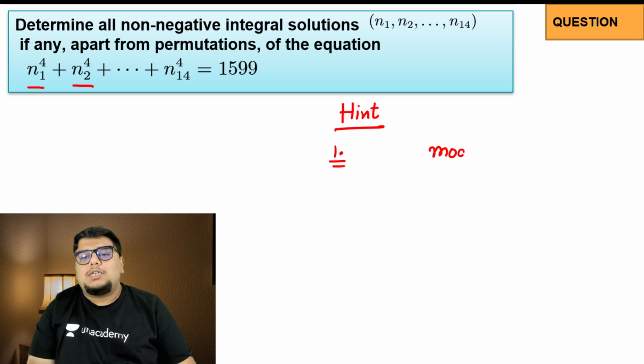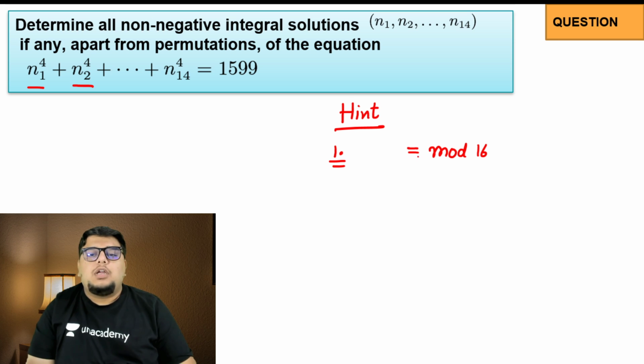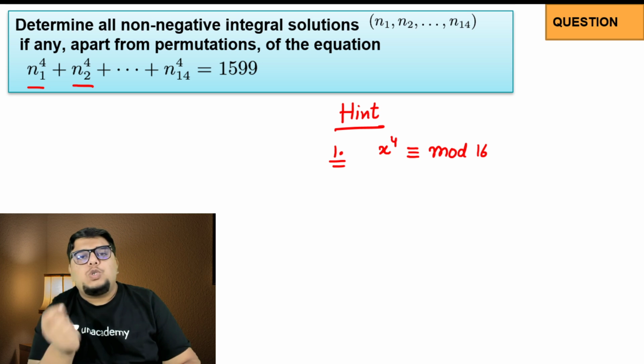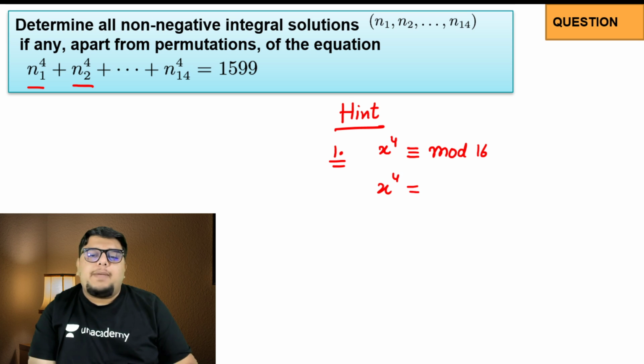For any number raised to the power 4, a natural number, when you divide it by 16, there are some possible remainders. The remainder that you can get is either 0 or 1 mod 16.